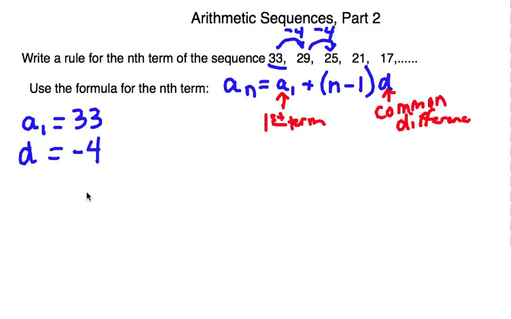Now we want to substitute these two pieces into our formula, and then we'll rewrite that. So first we have a sub n equals 33 plus n minus 1 times d, so times negative 4.